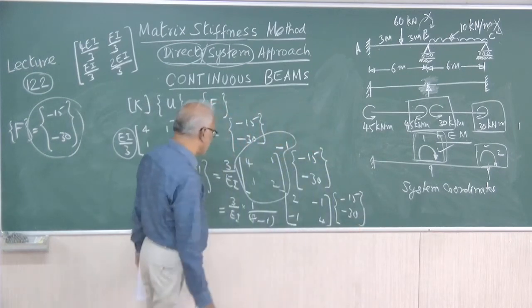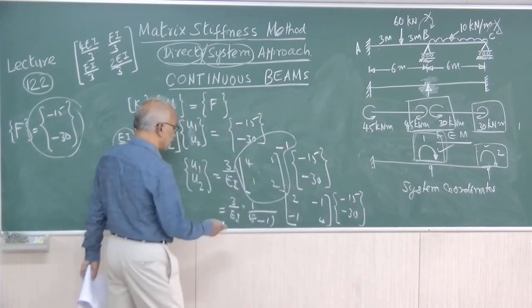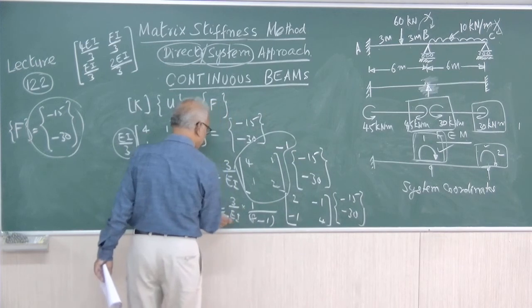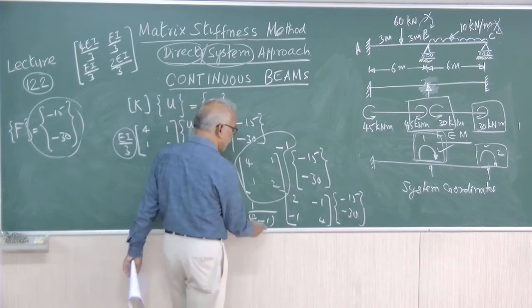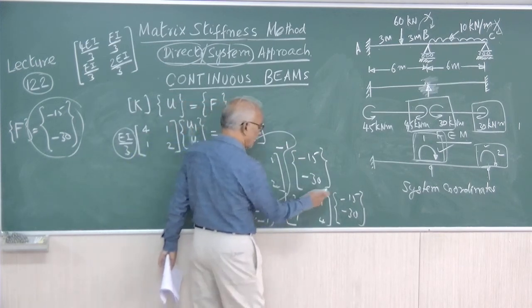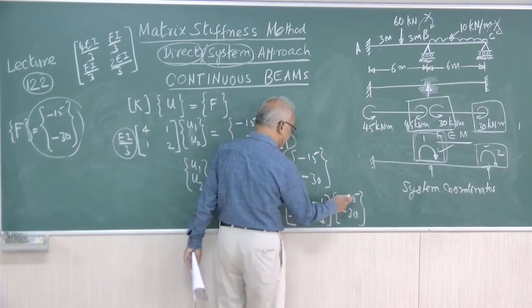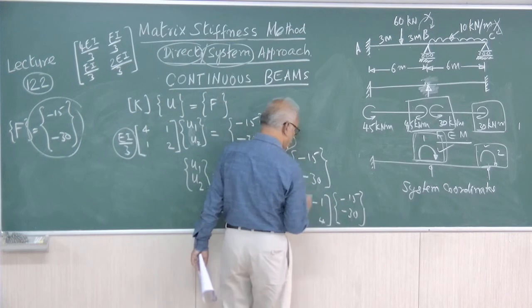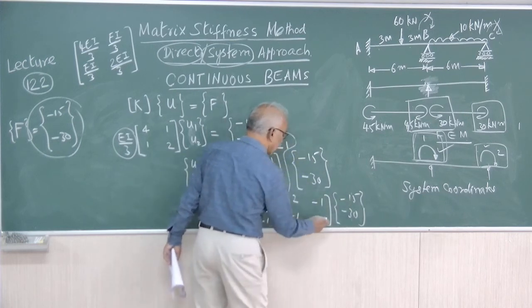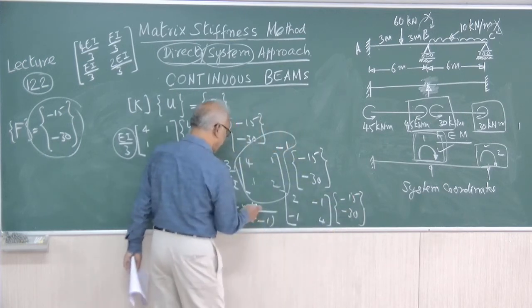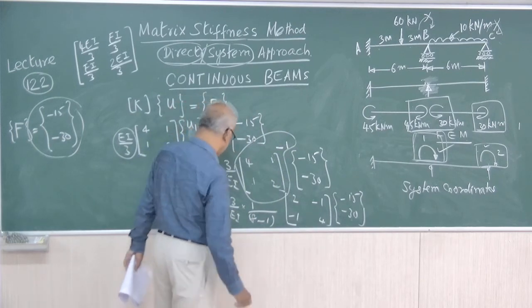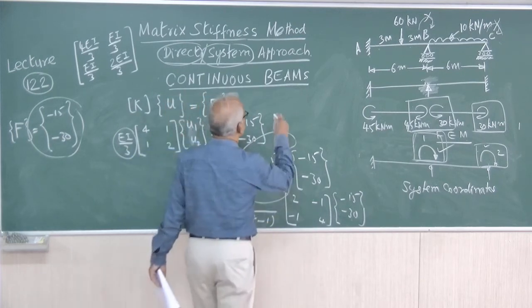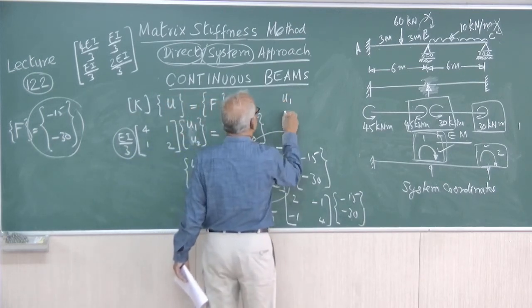So, this we have to simplify. This is 3 by 7 EI into 2 into minus 15 minus of minus 1 into minus 30. First row, first column, second row, second column multiplied by this value. This everybody can do, so I will simply give the final value.